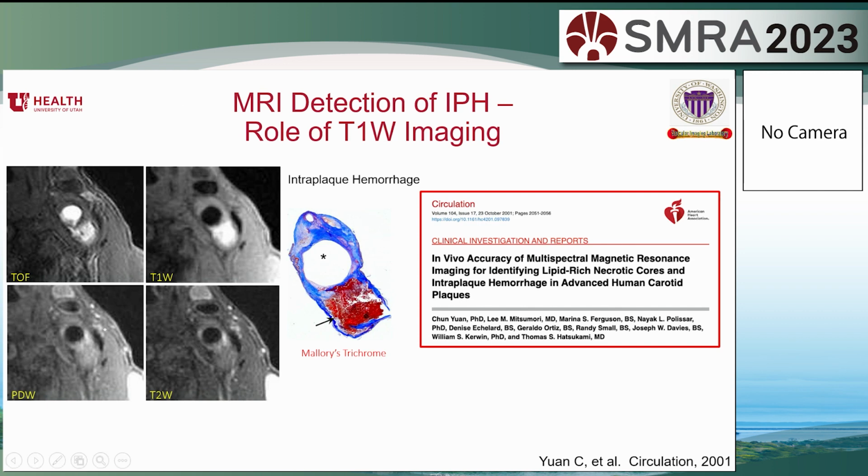But this was a very early example of what it actually looks like. And anybody looking at this can easily appreciate that this type of plaque with a pool of blood inside is highly unstable, because any kind of mechanical force may actually rupture it.